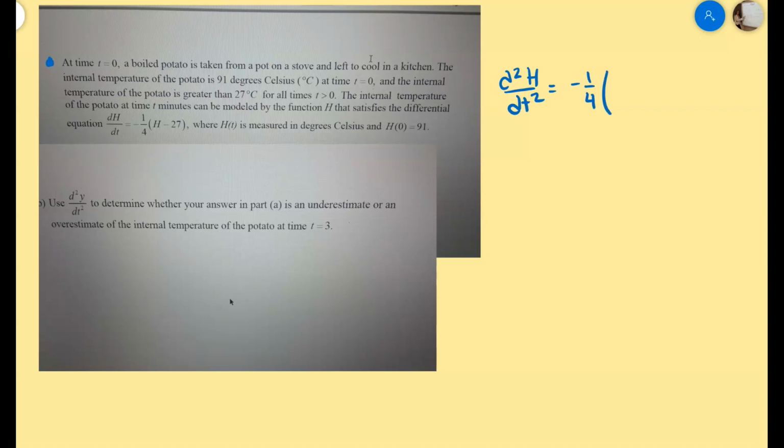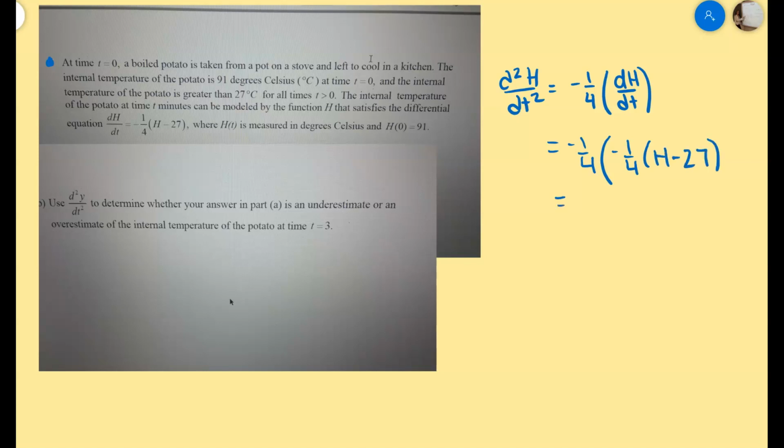So the derivative of h is capital dh/dt. The derivative of negative 27 is 0. And then what we have to do is substitute dh/dt in from the previous problem. So we take negative 1/4 and then we plug into it negative 1/4 (h minus 27).